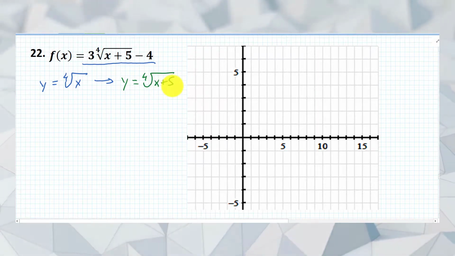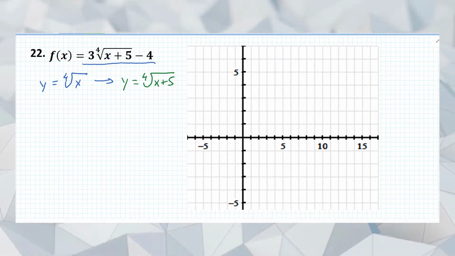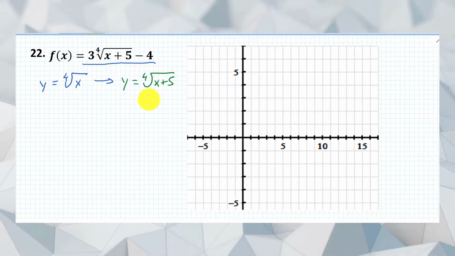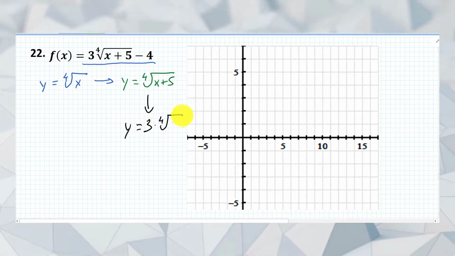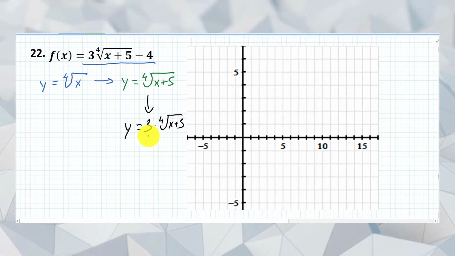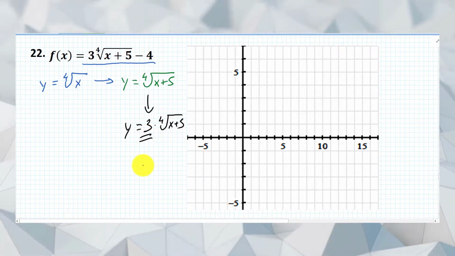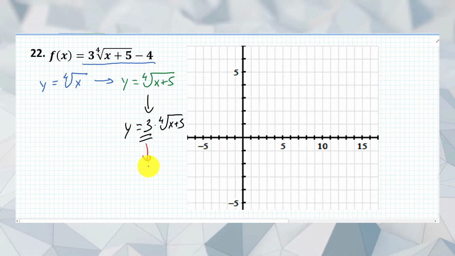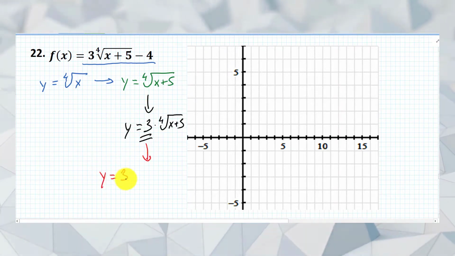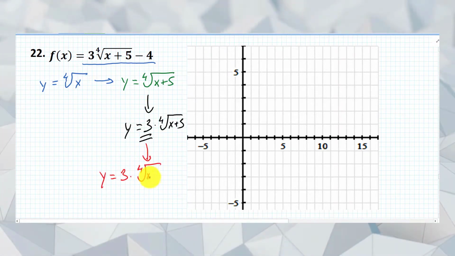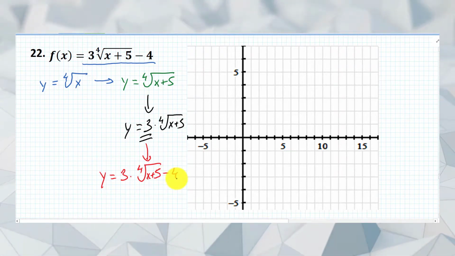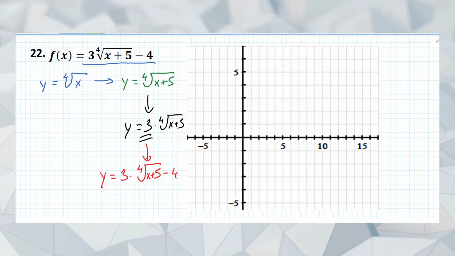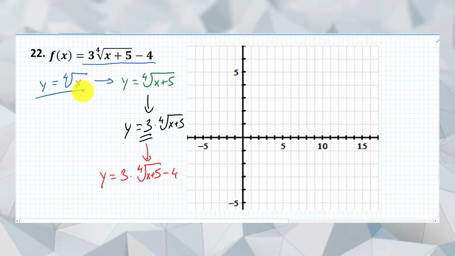That's 5 units to the left. Next one will be y equals 3 times the fourth root of x plus 5. So I'm going to multiply all my y's by 3. And finally, the last one will be y equals 3 times the fourth root of x plus 5 minus 4, down. All right. So let's start with the original one, the fourth root of x.